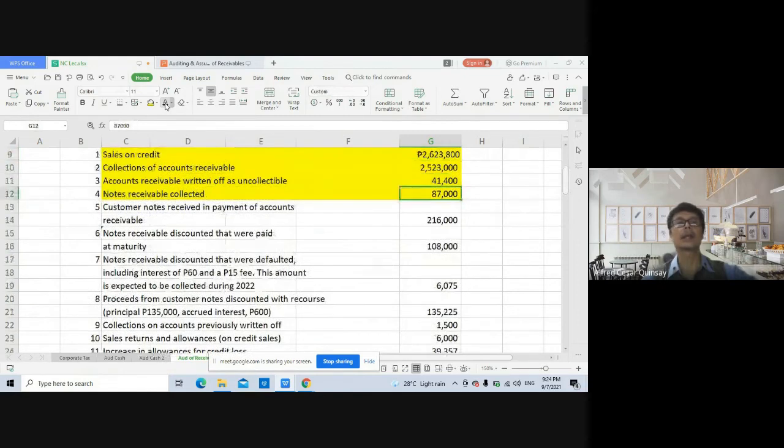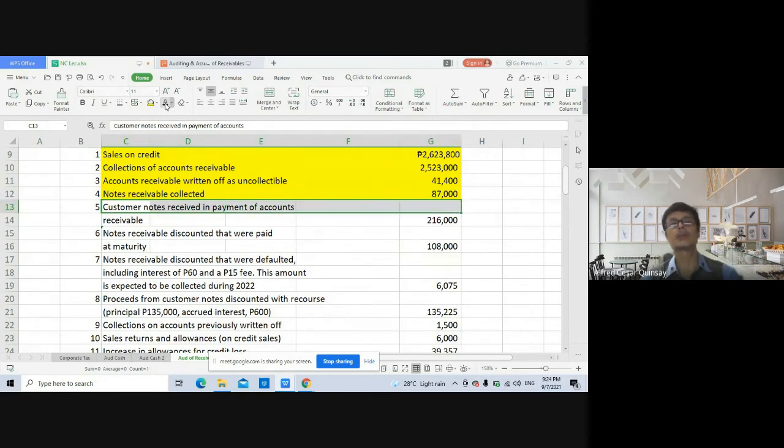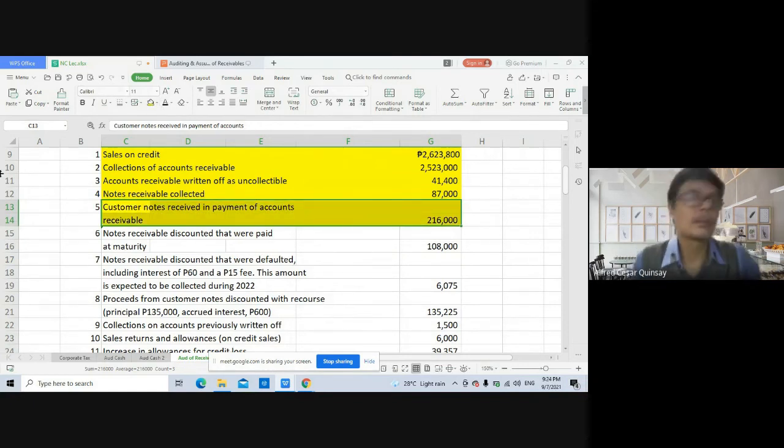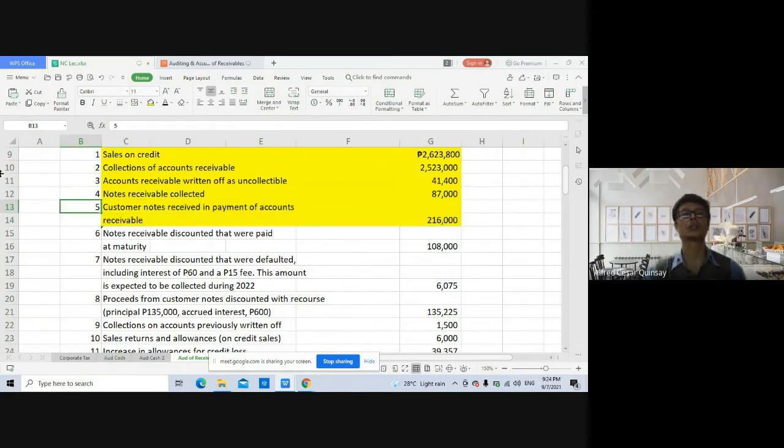Okay, and then the next one, customer notes received in payment of accounts receivable. Yan. So, customer, na-receive nung company, no? Okay, para bang hindi naman nakabayad yung customer, no? Dito lang, kumbaga para lang to reinforce yung receivable, nag-issue yung customer ng notes receivable, no? So tatanggalin natin siya sa accounts receivable.